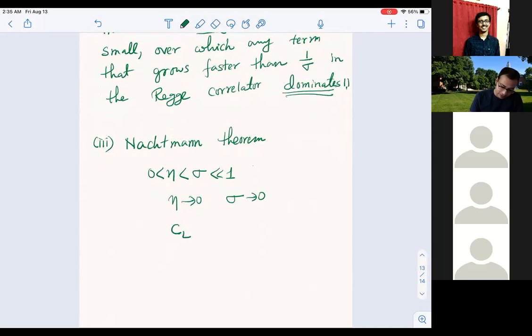In that case, these CL coefficients are basically some order 1 quantity times eta to the power twist of the exchanged operator. So from that fact, you can derive the Nachtmann theorem.